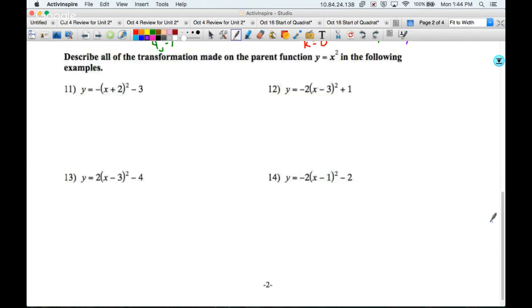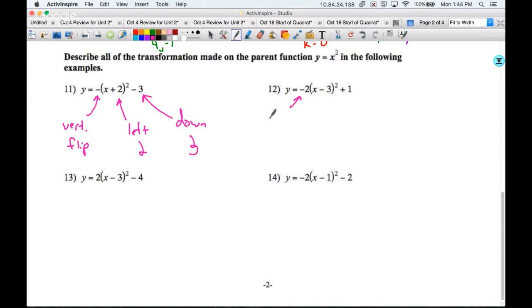All right, describe all of the transformations. Here, I like to do this just by drawing arrows and saying what each thing does. A minus in front, for example, gives us a vertical flip. This 2 is going to move us to the left 2, and then this -3 is going to move us down 3.